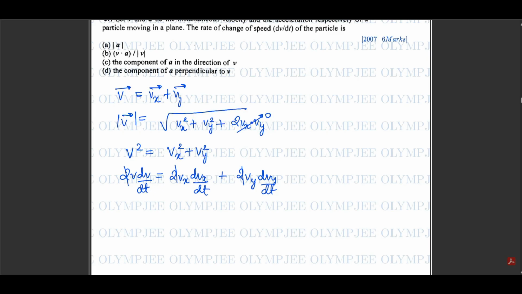So basically this is not velocity, don't get confused. So rate of change of speed and not rate of change of velocity is equal to v dot a. So option B is correct, and this is also the component of a in the direction of v, as we know from vectors. So option C is also correct.